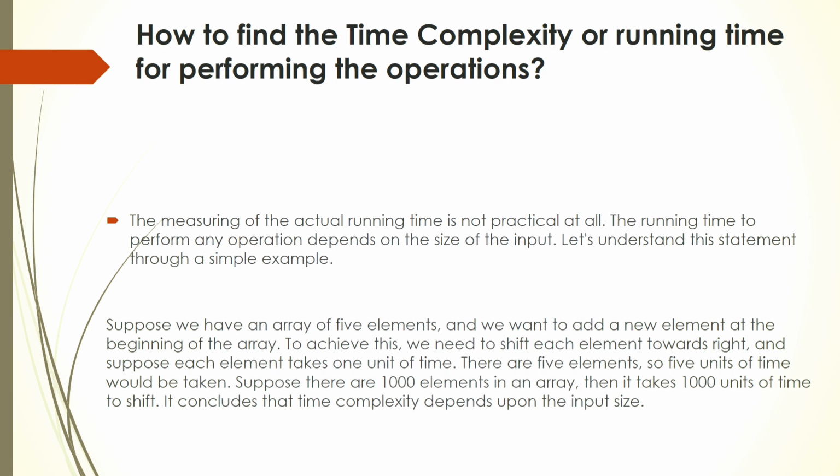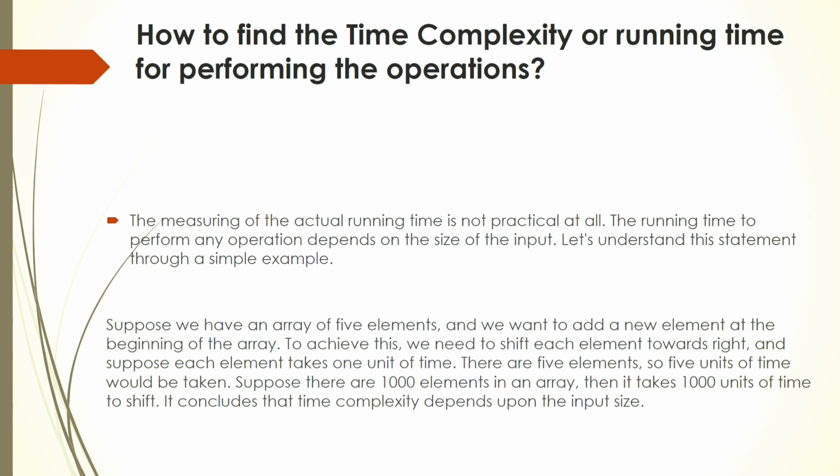To achieve this, we need to shift each element towards the right, and suppose each element takes 1 unit of time. There are 5 elements, so 5 units of time would be taken. Suppose there are 1000 elements in an array, then it will obviously take 1000 units of time to shift. So it concludes that time complexity depends upon the input size.